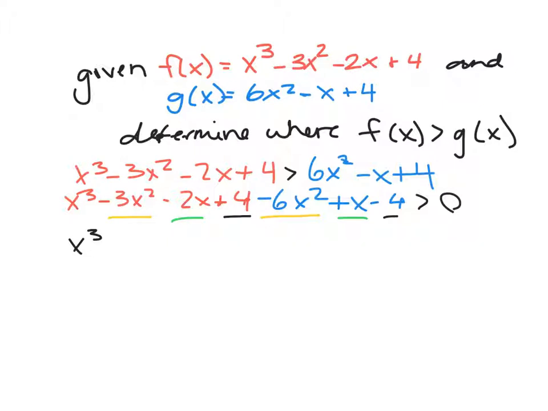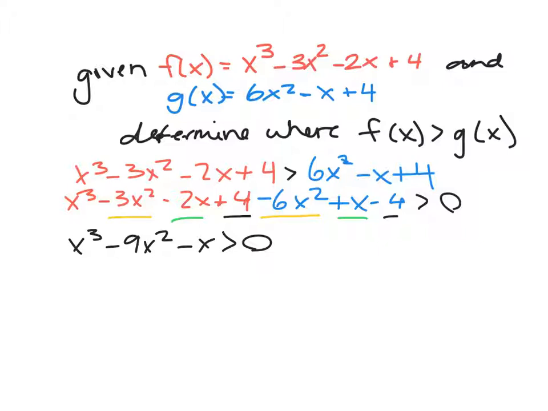Now, negative 3x squared subtract 6x squared gets us negative 9x squared. Then we have negative 2x plus x gets us negative x. Then we have plus 4 and minus 4, which gives us no constant whatsoever, all greater than 0.